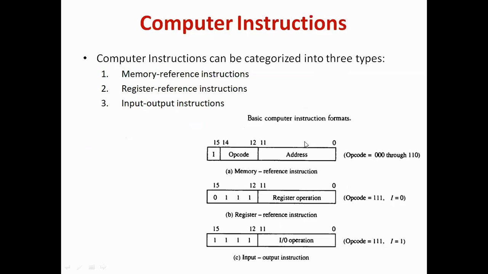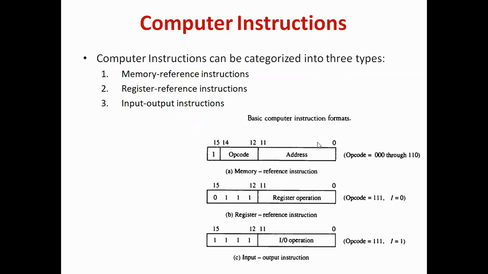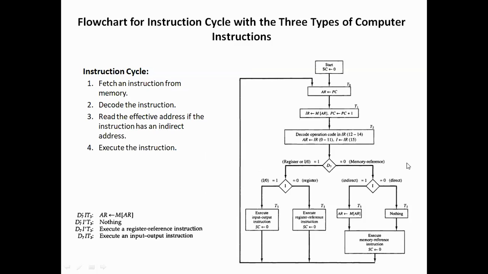We just saw it here. 0 to 11 is address, so address obviously should go to the AR, that is address register. Now another thing is this I bit. So this I bit we will put in some flip flop which we call I. Okay, so we got all bits. I is here, the 12 bits are into AR, and the 3 bits, the opcode bits, are into IR.